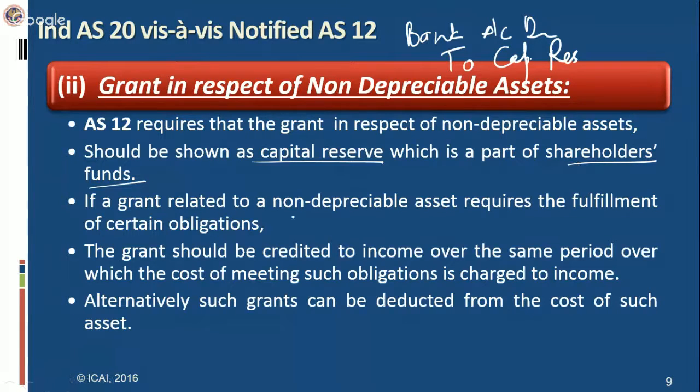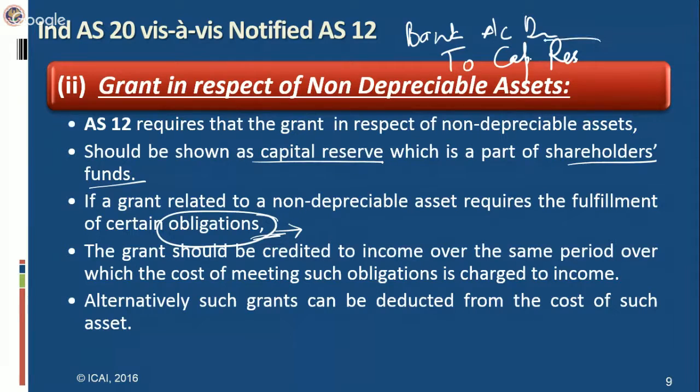If a grant is related to a non-depreciable asset that requires the fulfillment of certain obligations, those obligations may arise because of receiving the grant for the non-depreciable asset. It means an entity has to spend something in future, maybe in the current year, maybe in the future years. So it becomes an obligation for an entity. In such a case, those grants, instead of being treated as capital reserve, are treated as deferred income.